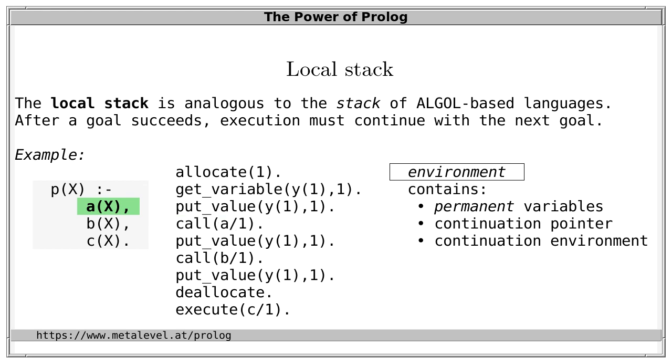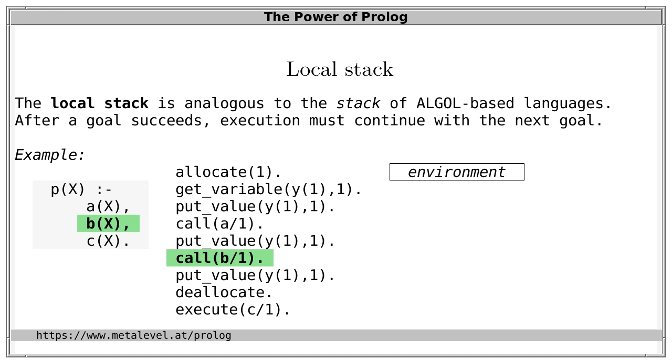So if A of x has been successfully derived, then execution continues with the next goal, B of x. And so the argument registers are prepared again for the call. So in this case, there's only one argument, and then the predicate is called. And now it's the same as before, because the predicate B can also allocate an environment and invoke other predicates that also allocate environments.